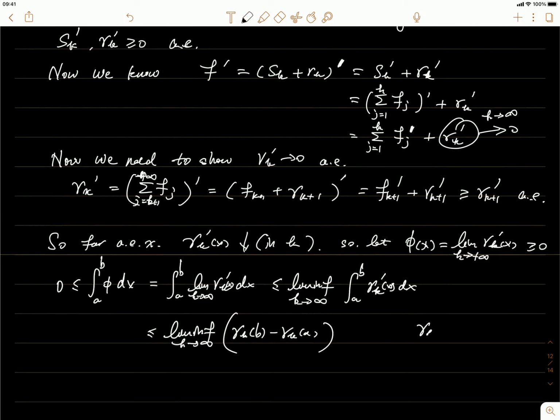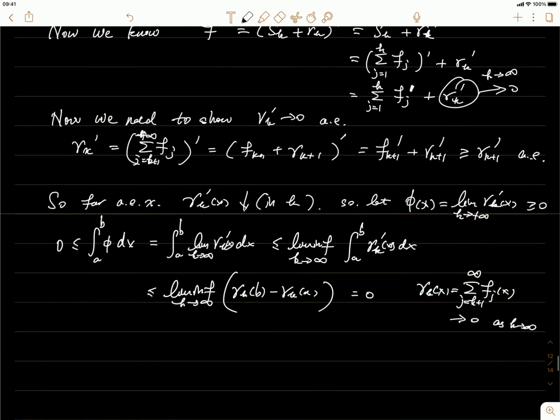Remember that r_k of x is defined to be the sum of f_j of x, where j is from k plus 1 to infinity. And they converge. That means when k goes to infinity, this goes to 0, right? As k goes to infinity. So this goes to 0, and this also goes to 0.